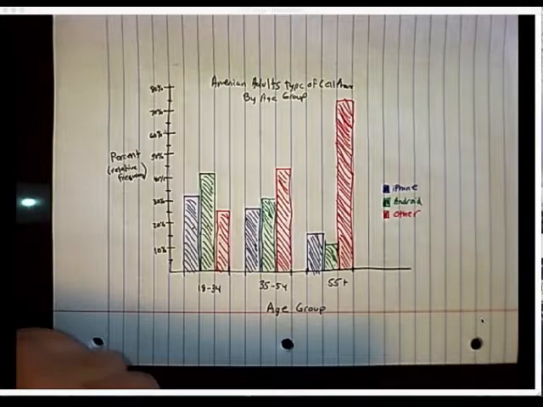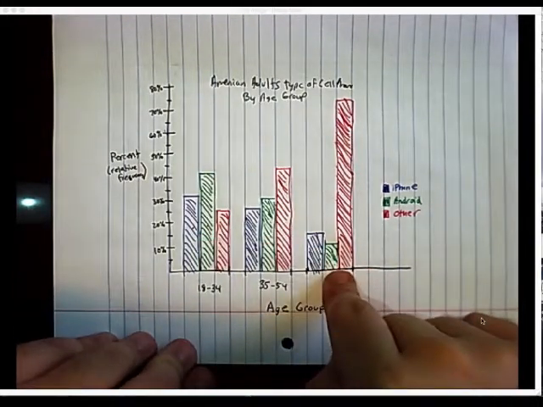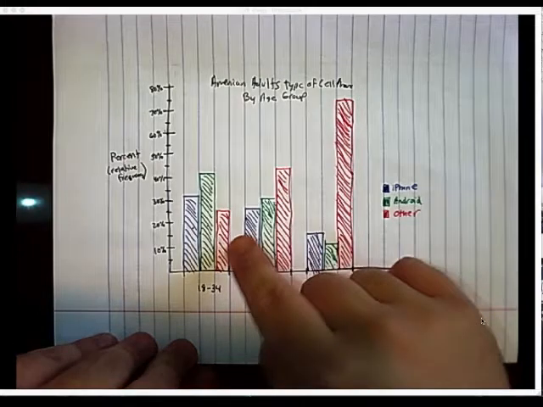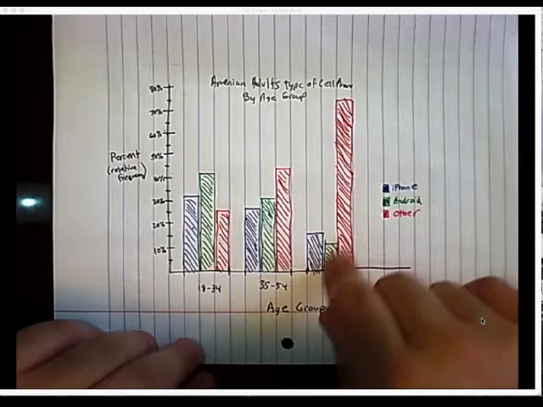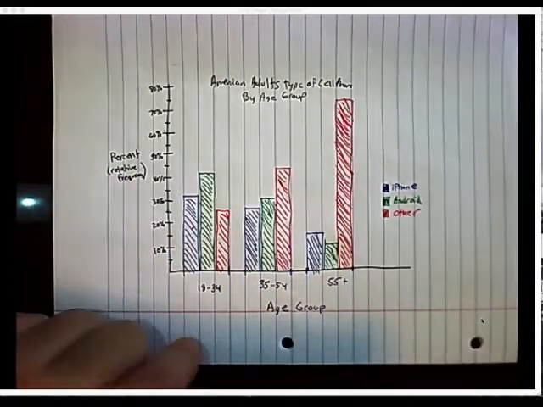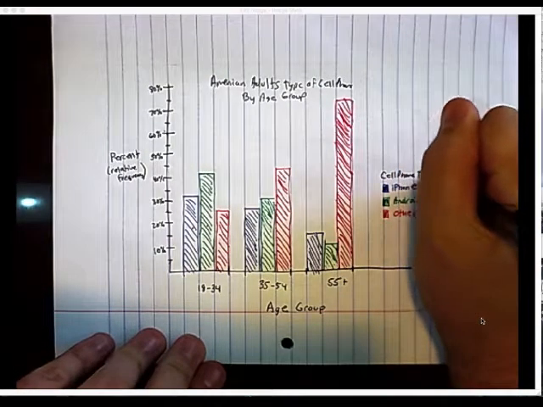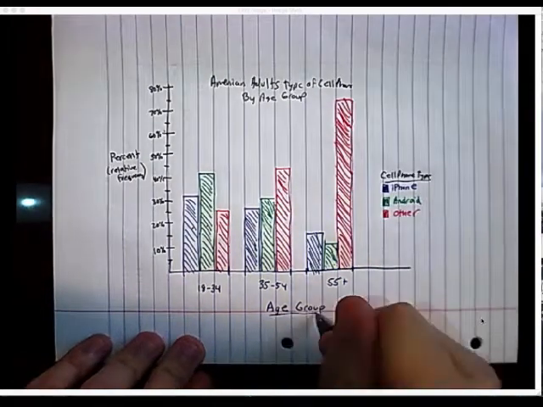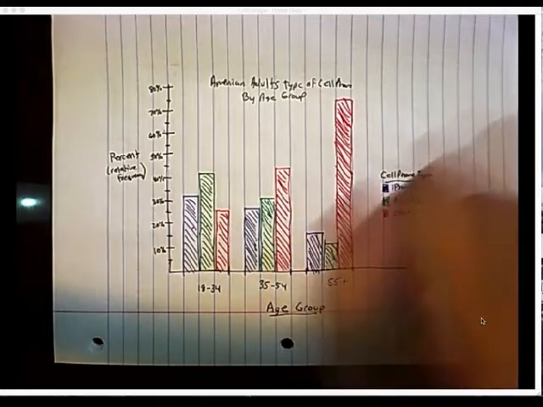As people get older, their use of iPhones and their use of Androids diminish, but their use of other types of phones other than those two get higher. So these two things affect each other. This is cell phone type. Either cell phone type is impacted by age group, or age group is impacted by cell phone type. These two are associated with each other.